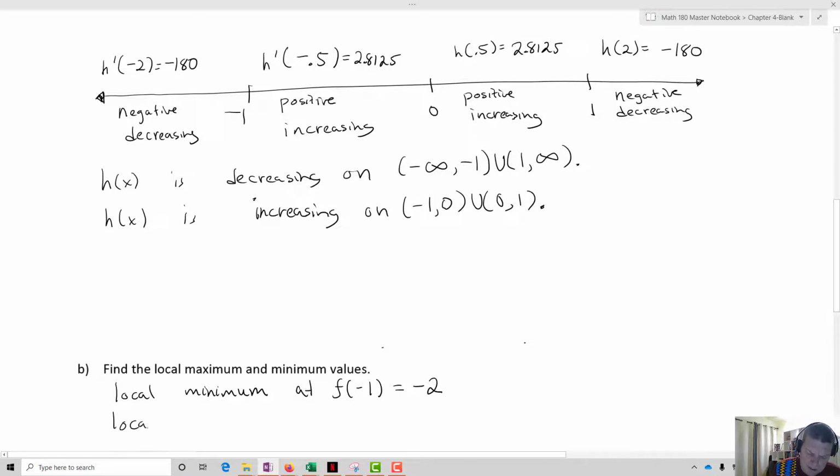Then we'll have a local maximum at x equals 1. The reason we know that is because it's increasing on the left-hand side and decreasing on the right-hand side. We went up and then down. And so that equals 2, and that's our local maximum.